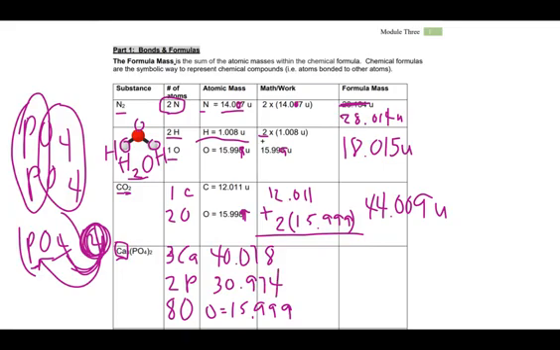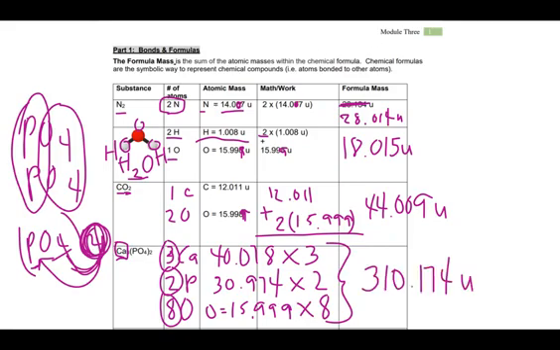And then we need to look at, okay, we've got each of the individuals, but now we need to multiply by how many atoms there were. So we need to multiply this times 3, multiply this times 2, multiply this times 8, and add it all up. Let's see what we get. All right, hopefully you got 310.174 atomic mass units.